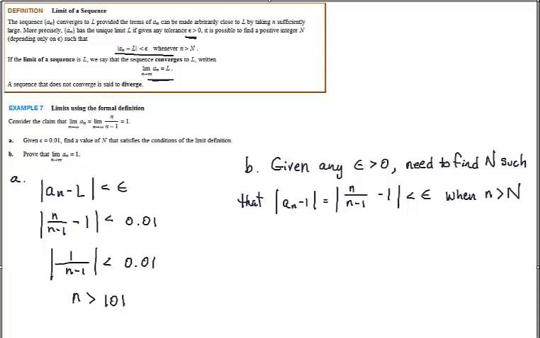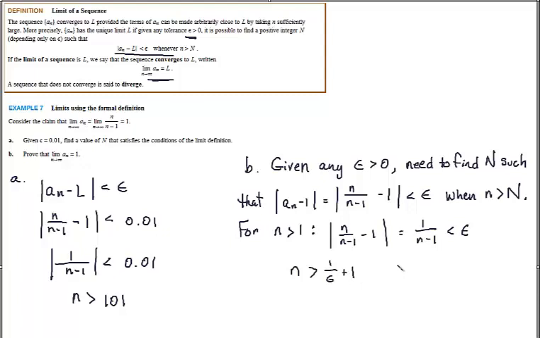We know, as we saw with our values that we plugged in last time, that 1 over n minus 1 is less than epsilon. So if we solve for n, we will find that n is greater than 1 over epsilon plus 1.